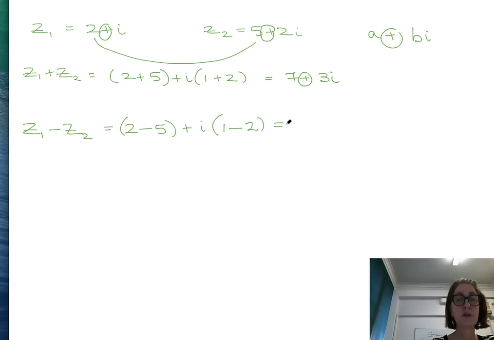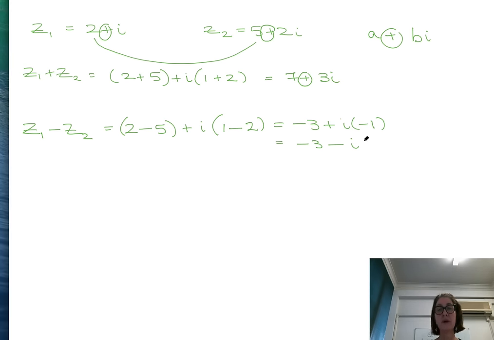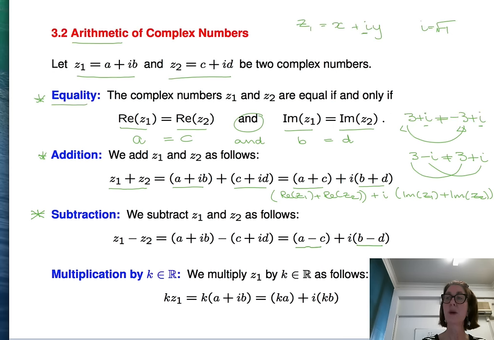If we put those two things together, this is minus 3 plus i times minus 1. So it's just minus 3 minus i. When we bring that negative coordinate out the front, we're just subtracting off the imaginary component. Okay, so that's subtraction. It's very similar to addition.